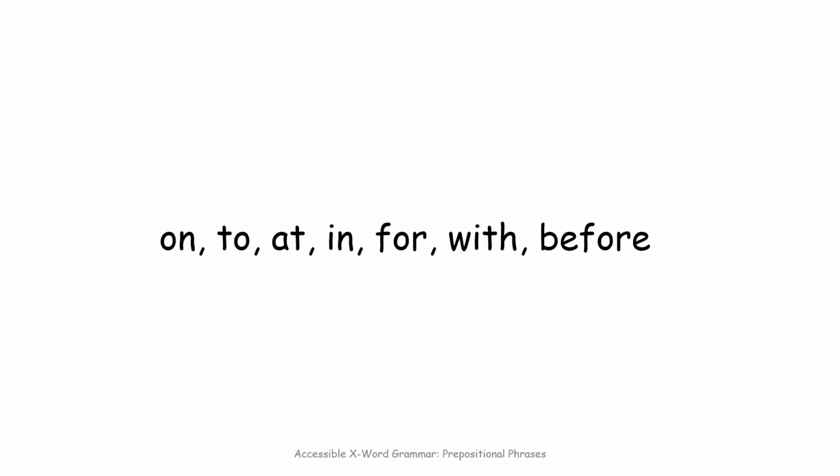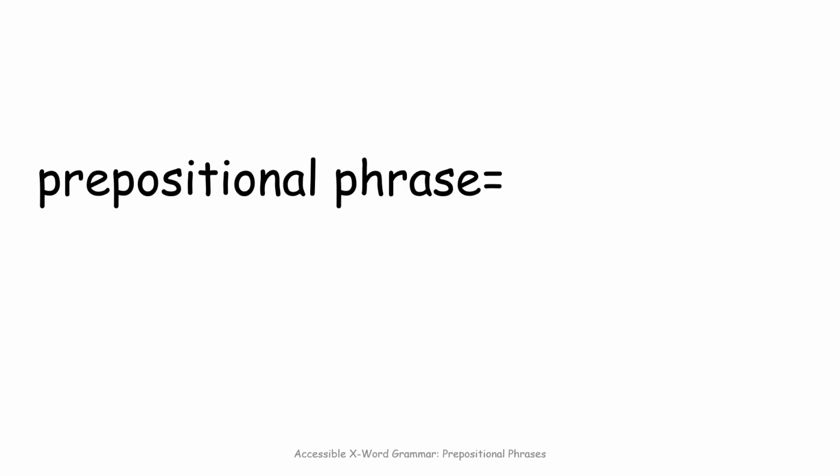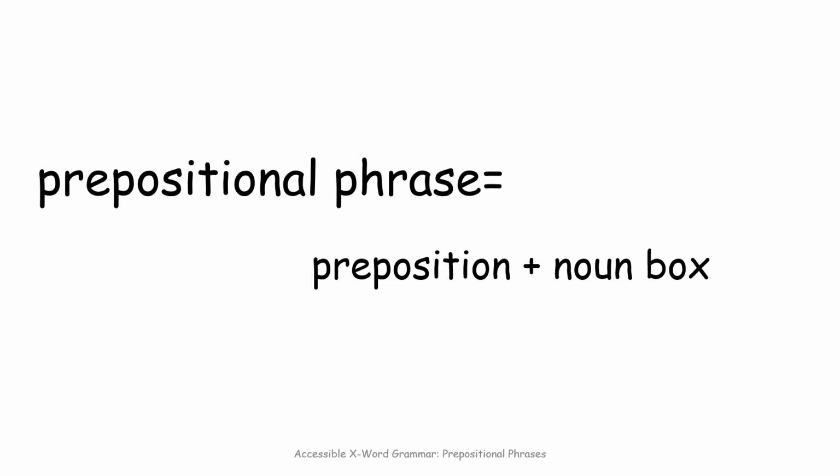Prepositions are words like on, to, at, in, for, with, and before. You will find a longer list in Lesson 18. A prepositional phrase is a preposition plus the noun box that comes after it.